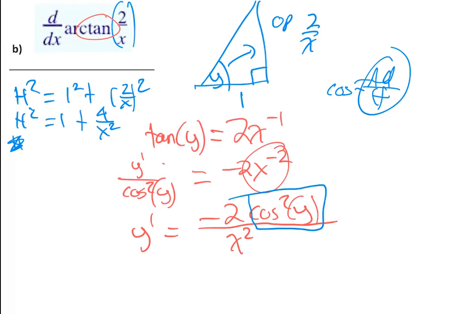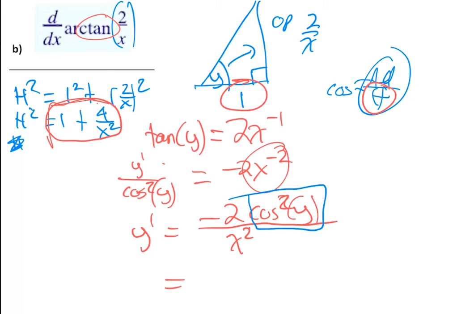The adjacent is worth 1. The hypotenuse squared is that, so the hypotenuse would be the square root of 1 plus 4 over x squared. But I have to get cos squared, which means I have to square the square root of that. So I end up with 1 plus 4 over x squared.